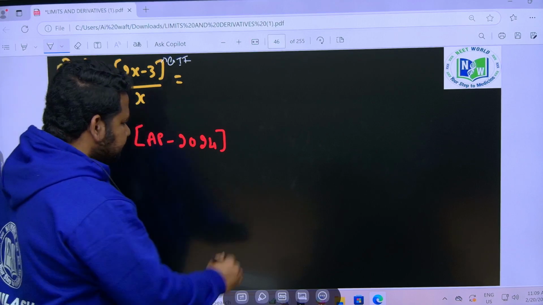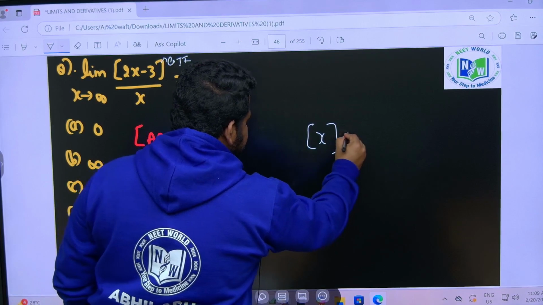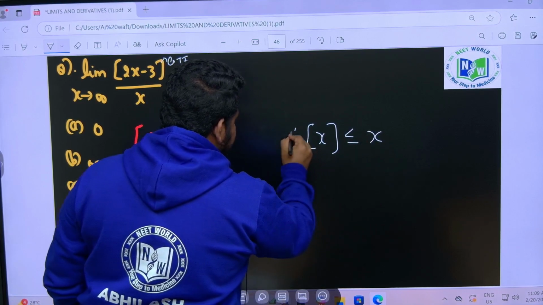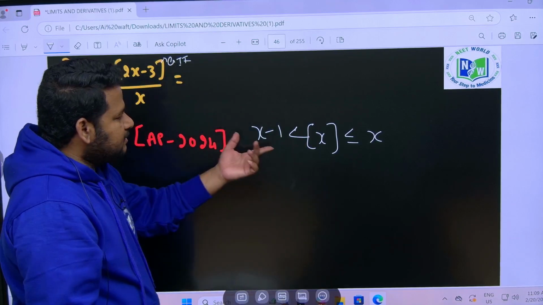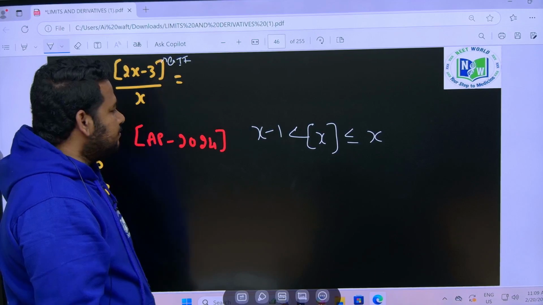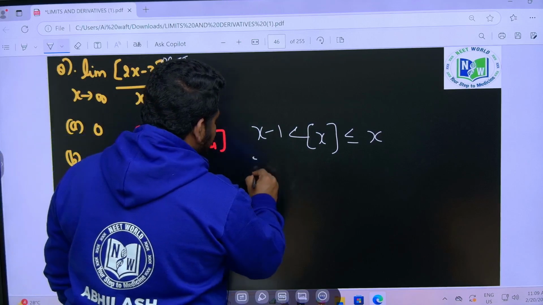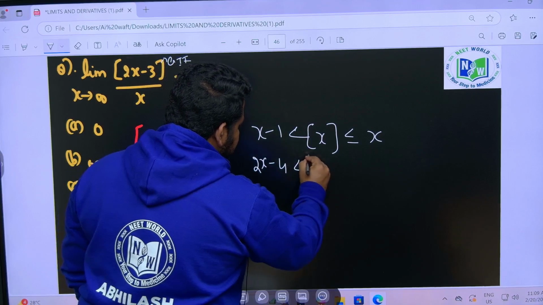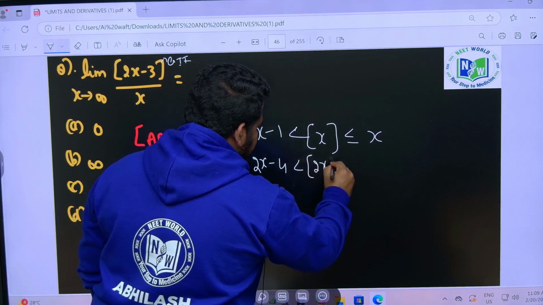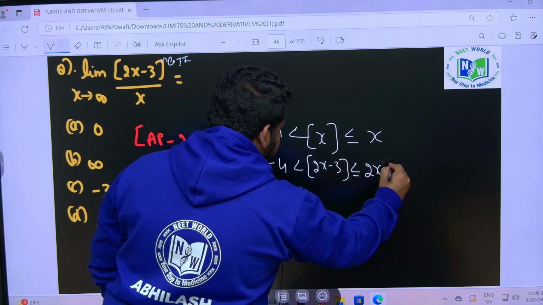We know that, suppose this is x, the greatest integer function of x is less than or equal to x, but greater than x minus 1. Okay, now I'll multiply x with 2 and subtract 3 from each of these. So this will become 2x minus 1 minus 3, which is 2x minus 4, less than 2x minus 3 greatest integer, less than or equal to 2x minus 3.